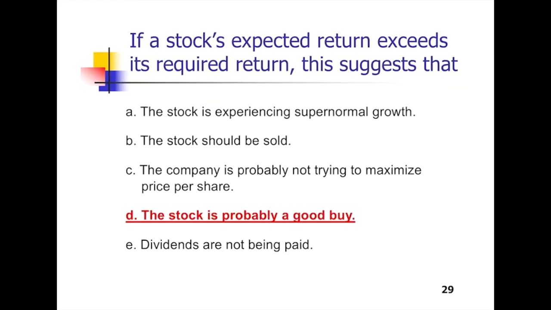Here is an example. If a stock's expected return exceeds its required return, meaning RS hat is larger than RS, right? What does this suggest? Is this stock overvalued or undervalued? Yeah, undervalued.